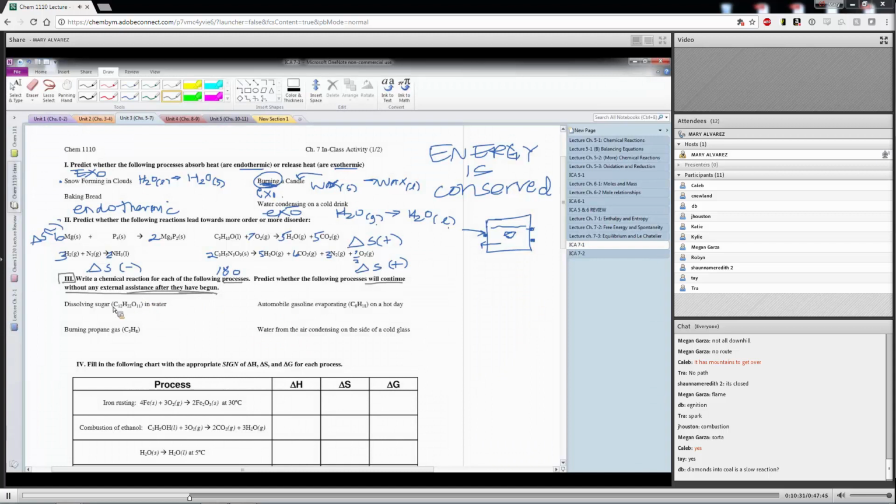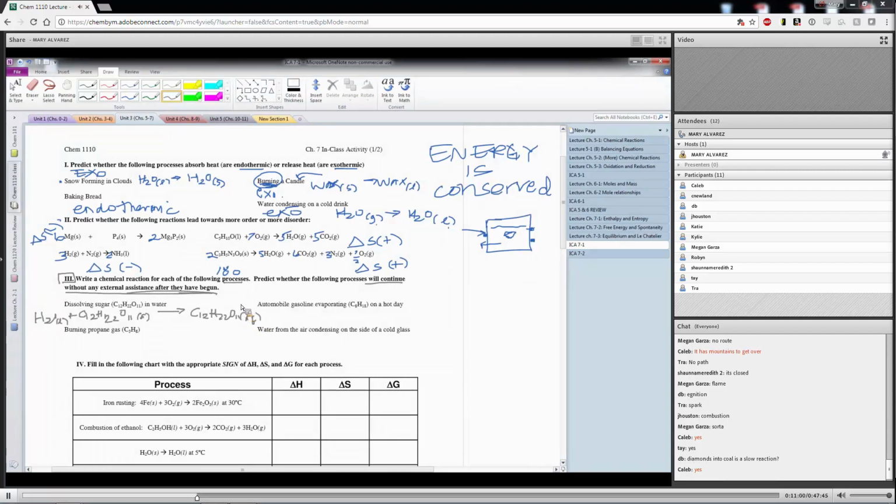So, dissolving sugar in water. Some of these, actually all of these, I'm expecting you guys to use a little bit of your common sense. If I take water and I add it to sugar, C12H22O11, aqueous. Is that spontaneous? Will sugar dissolve in water?